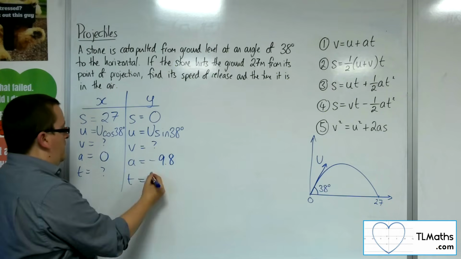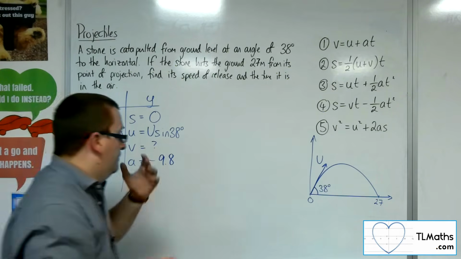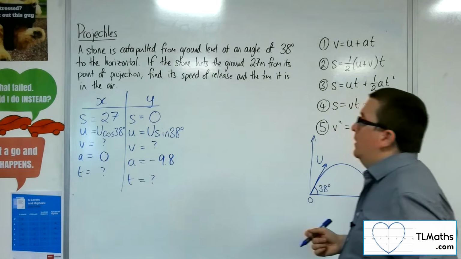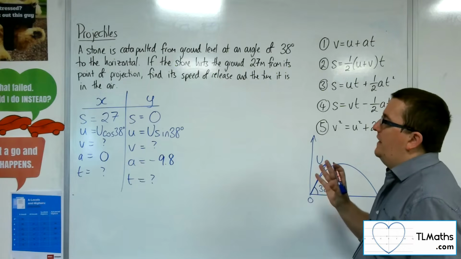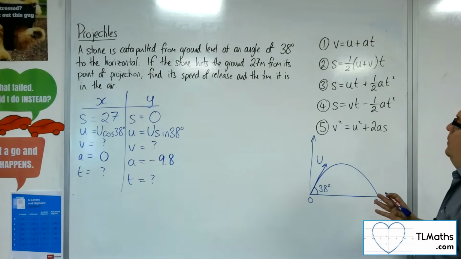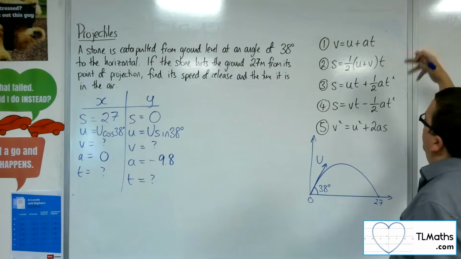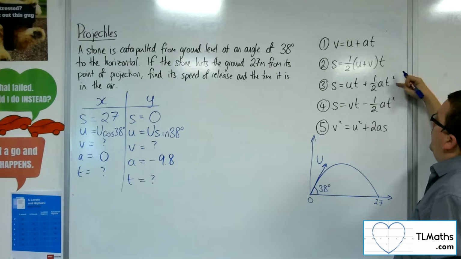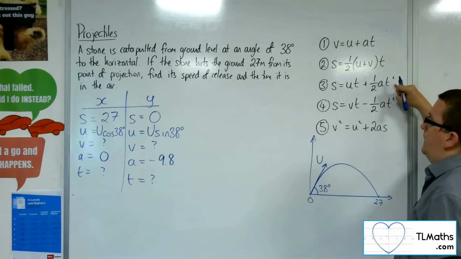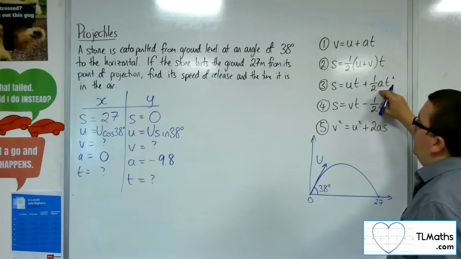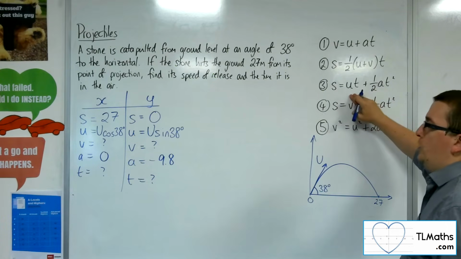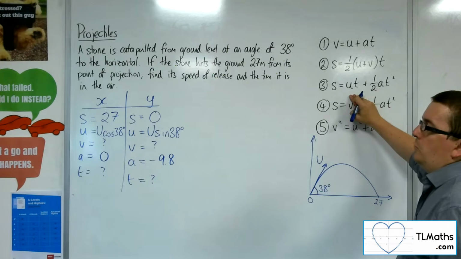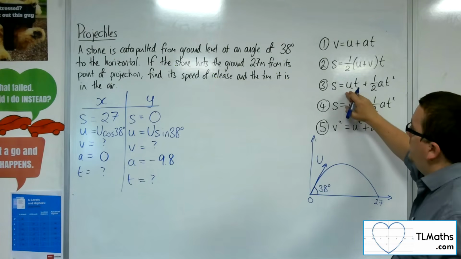If I've got the s, the u and the a, then I could use this equation here. I know a is 0 for x, I know the s and I know the u. The only thing is I don't know the actual capital U, that's the speed.